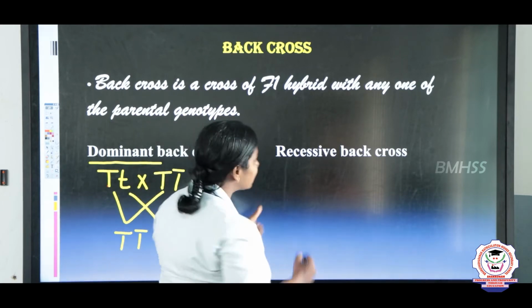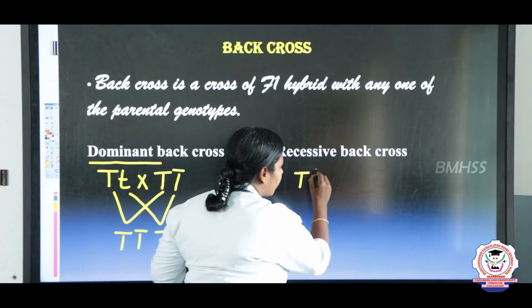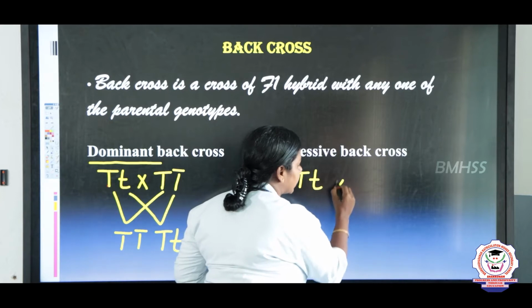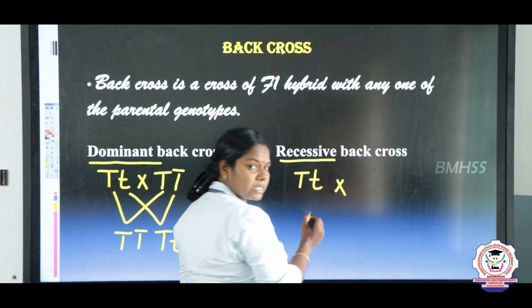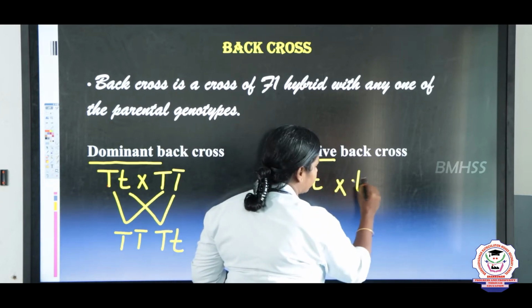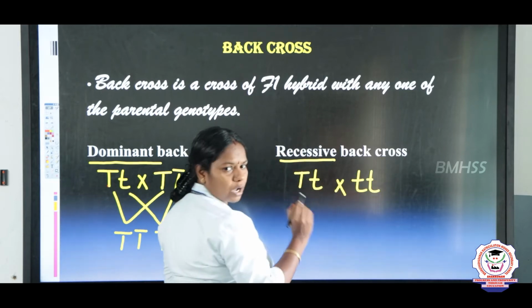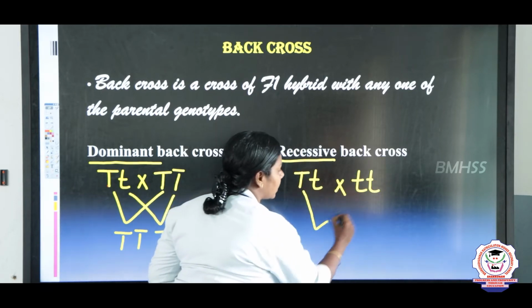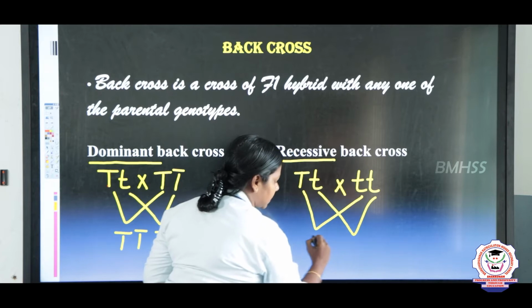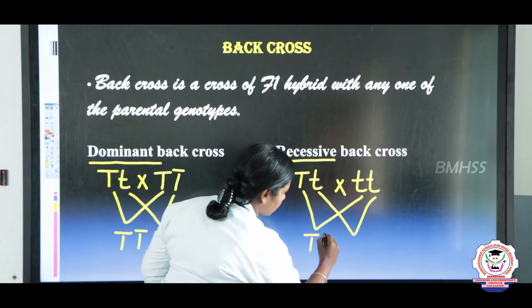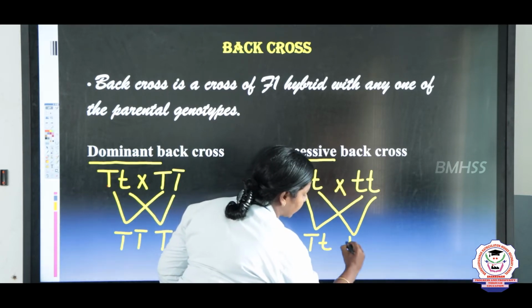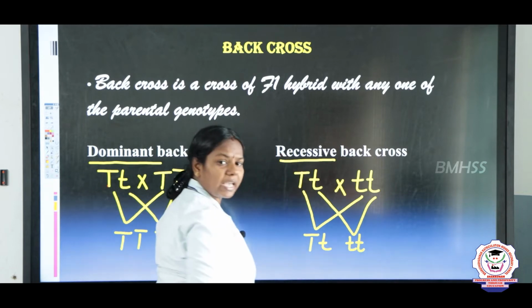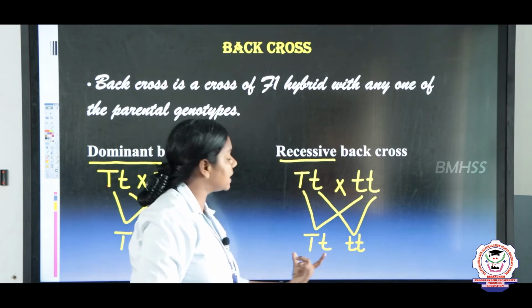In the back cross, the F1 hybrid is crossed with the recessive. What is the recessive genotype? Small t. So when it is crossed, what genotypes do we get, children? Capital T small t, and small t small t. So we get two phenotypes in equal proportion.